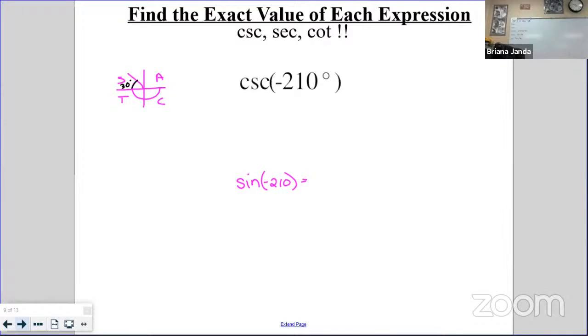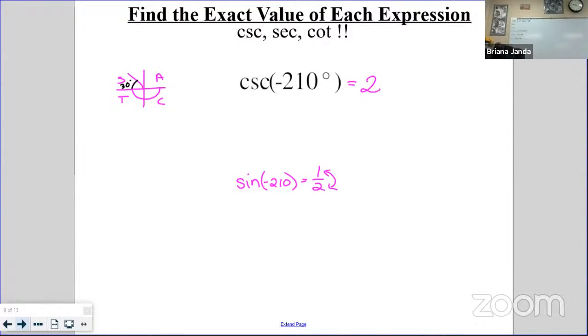Sine is your bottom fingers. So it'd be the square root of 1 over 2. Turn it upside down. So regardless of my method, I should be able to get to the fact that sine of 30 degrees, or sine of negative 210, is 1/2. When I turn 1/2 upside down, I get 2 over 1, which simplifies down to just 2.